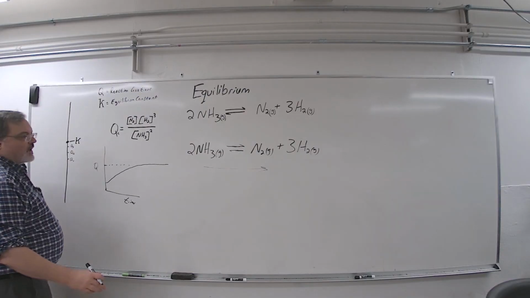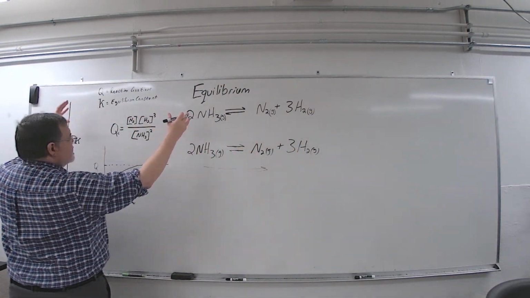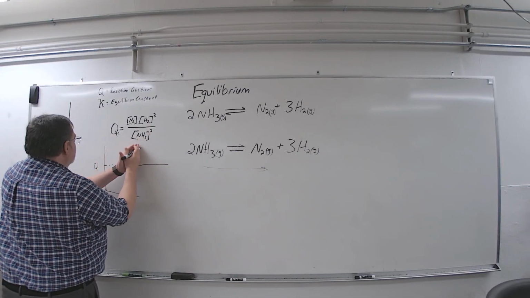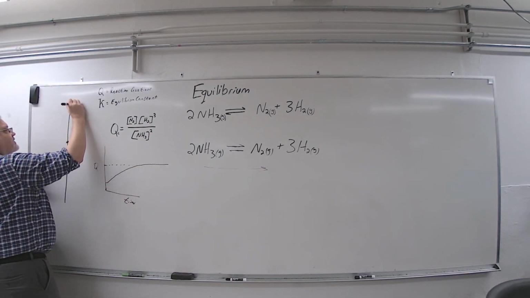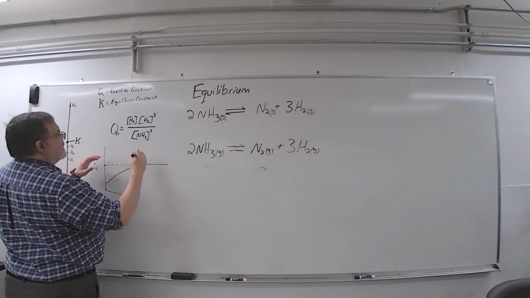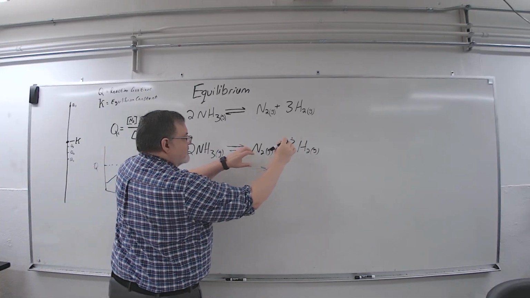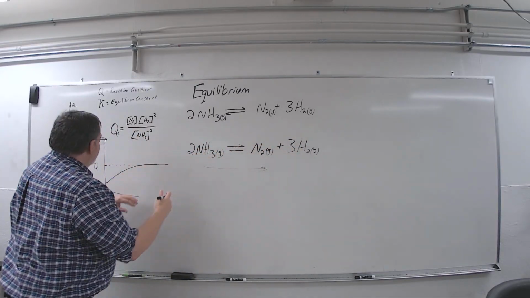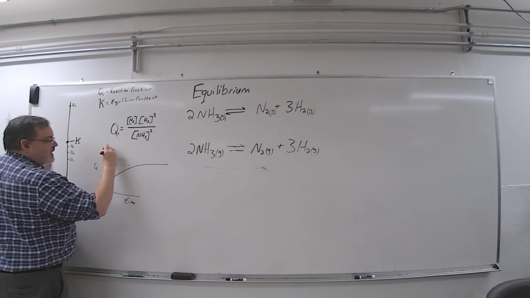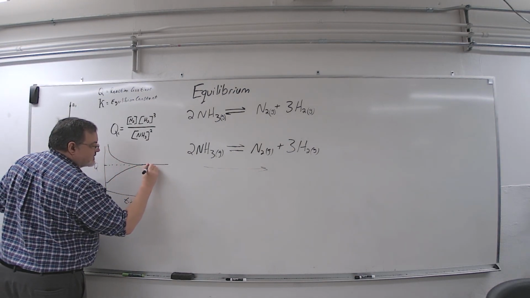And I could do this the other way, where if I had most of this, so that this was huge and this was very small, then I'd have a very, very large Q, call that Q1, and then as time would go on, this would get a little bigger while these get smaller. That is, some of these react and start becoming this, and then we would be starting up here and coming down to equilibrium, and then it just stays here forever.